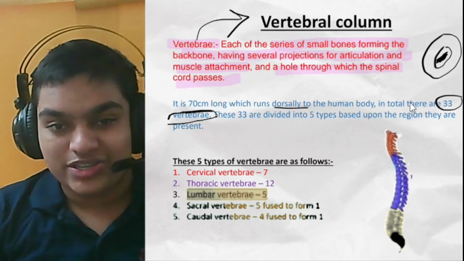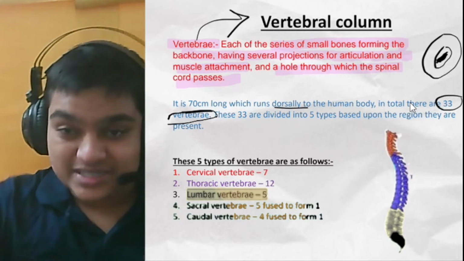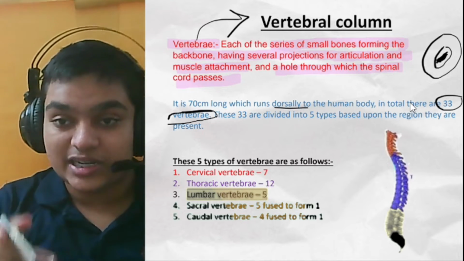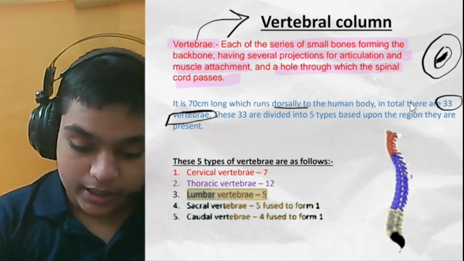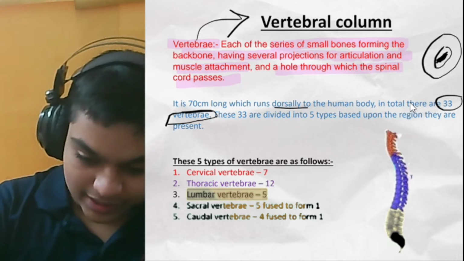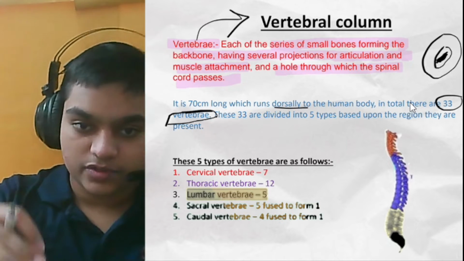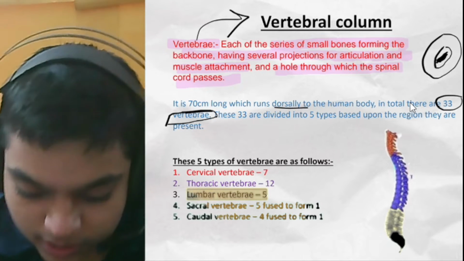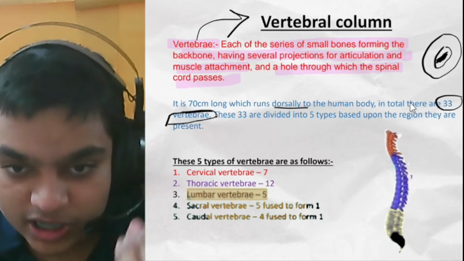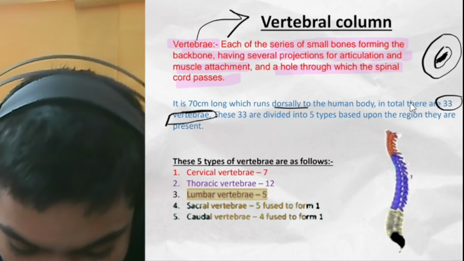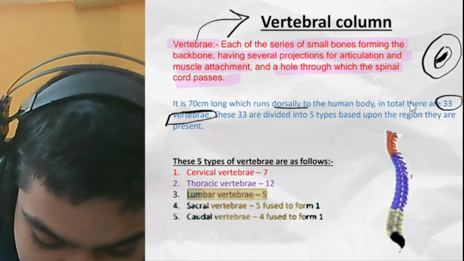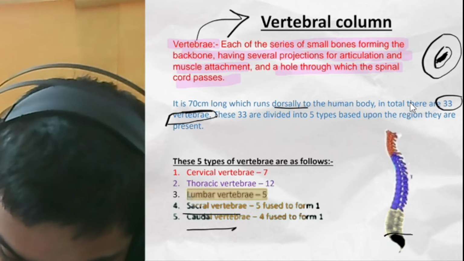There are 33 pieces of vertebrae, but in those 33 pieces we have the sacral and caudal vertebrae, and when we come to the topic of the types of vertebrae, I'll be telling you in full. There are sacral and caudal vertebrae in this region.